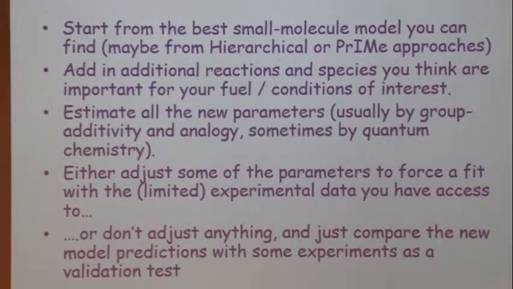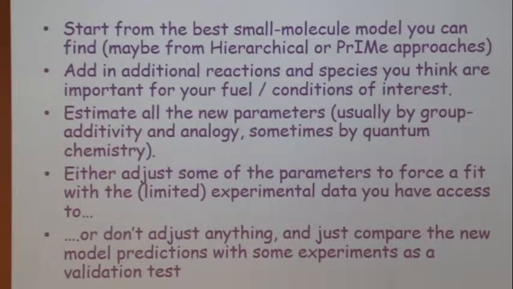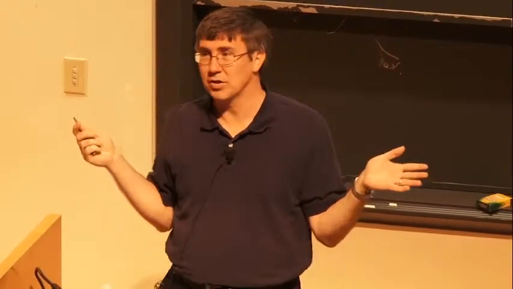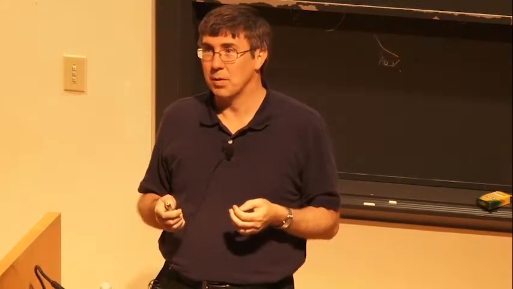So in that case, when you make this model the first time for JP10, and you make all your estimates, and then you predict the ignition time and compare it to experiment, it's not going to be right. There's no way your prediction is going to exactly match the experimental time, because the experiment has an error bar, and your model prediction has a much bigger error bar.